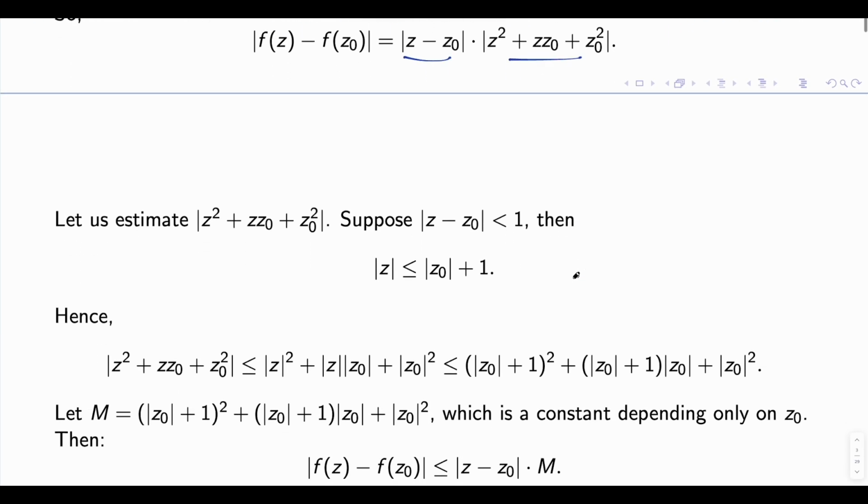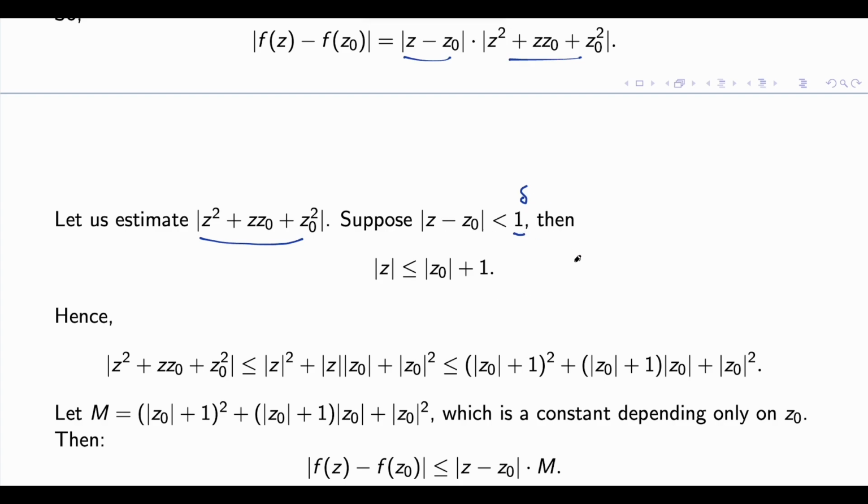And then I want to estimate this factor. So assume that |z - z₀| is less than 1, which will play the role of delta basically, right? This |z - z₀| is less than delta, okay?